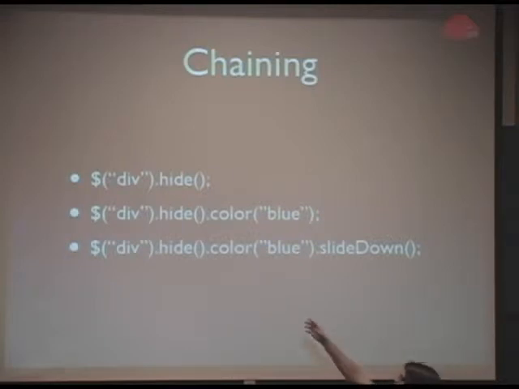So I can find a div, I can hide it, and then I can color it blue, and then I could slide them down with the animation. Each time you call an action, the action returns itself again, unless you have an action that mutates the jQuery element. Using this, you can get some massive one-liners that are pretty awesome.